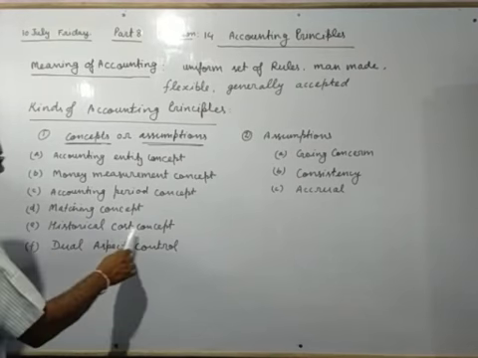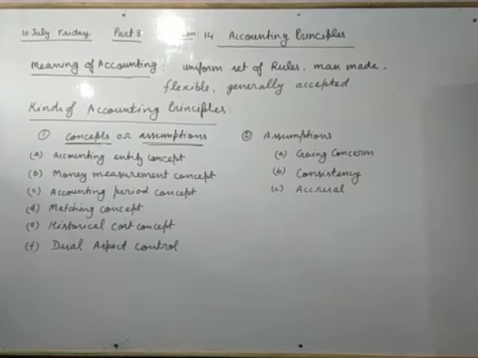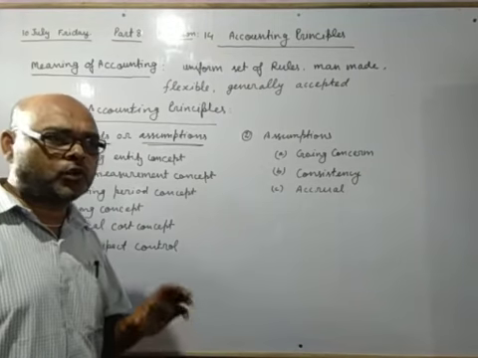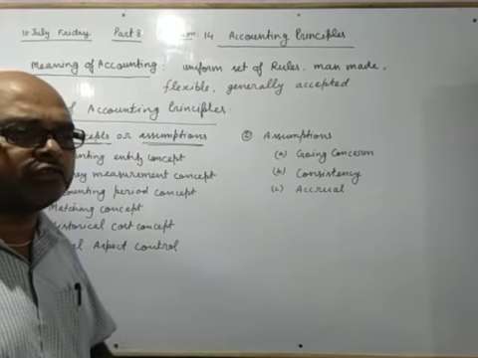Next, historical cost concept. According to this cost concept, whatever the real price we pay to purchase any asset, only that amount will be recorded in the accounting books. It does not matter whether its real value is something more or something less. For example, you know this particular sofa costs 15,000 in the market.